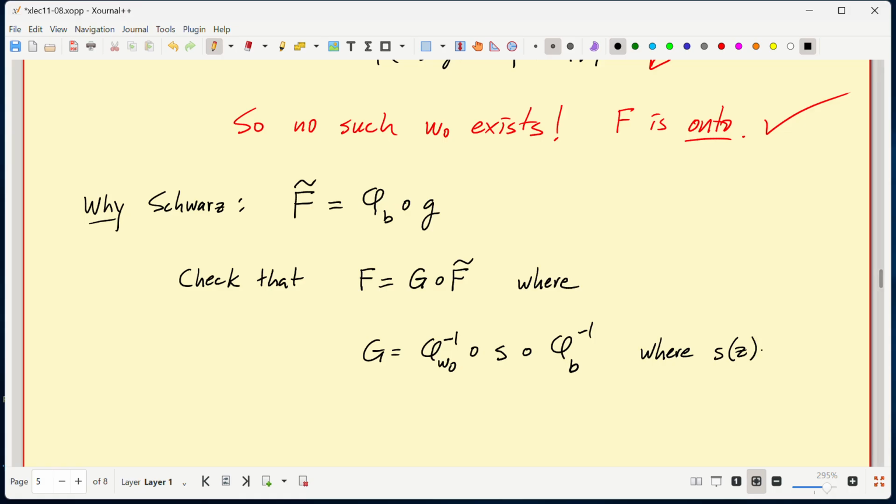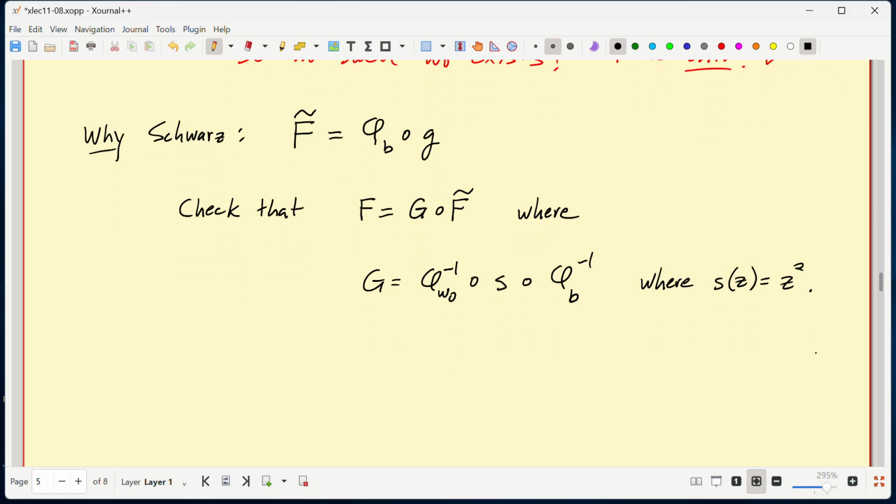It's a square function. Okay, so that's an analytic mapping of the unit disk into itself. So it's analytic, and it maps the unit disk into itself.